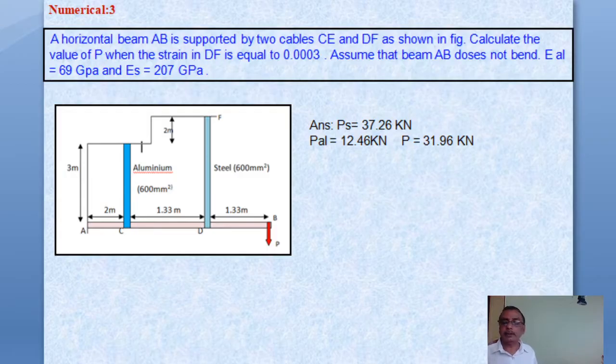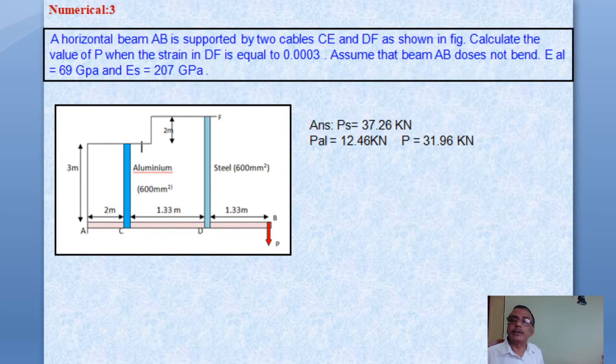Now come to the third problem. A horizontal beam AB is supported by two cables, CE and DF, as shown in the figure. Calculate the value of P when the strain in DF is equal to 0.0003. Assume that beam AB does not bend. Modulus of elasticity for aluminium is given as 69 GPa, and for steel it is 207 GPa.